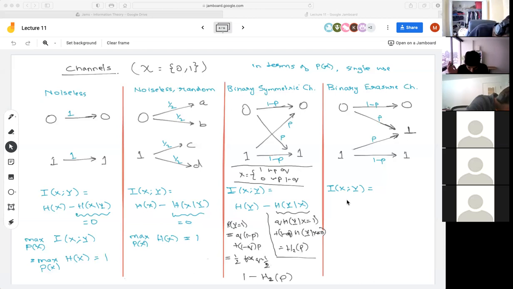All right. So here, the mutual information we can write down in this way, and we know that the maximum value which we can achieve is 1 minus the binary entropy of p. I'll leave you to check that the capacity is equal to 1 minus p in the case of the so-called binary erasure channel.